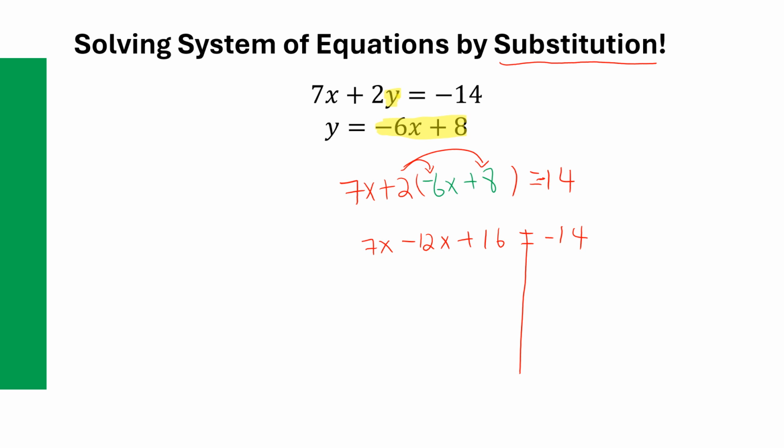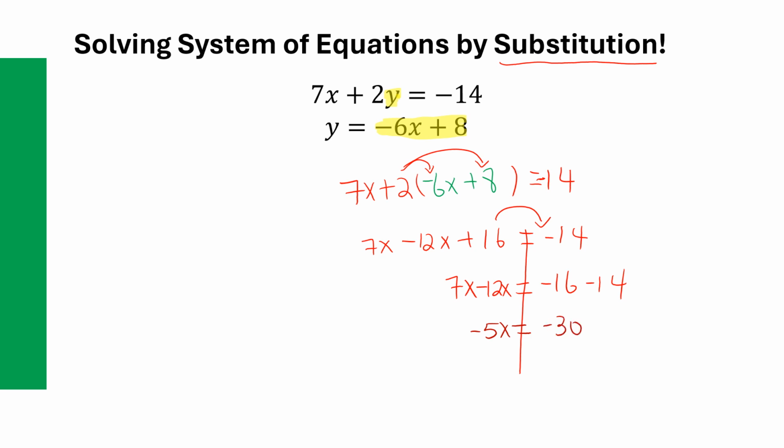Since 7x and negative 12x are already on the left side, we just bring them down. 7x minus 12x equals, and then positive 16 becomes negative 16 since I moved it to the other side, and bring down the negative 14. 7x minus 12x gives us negative 5x equals negative 16 minus 14, which is negative 30.